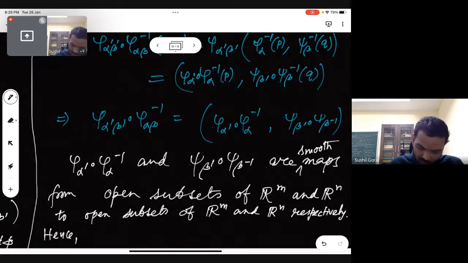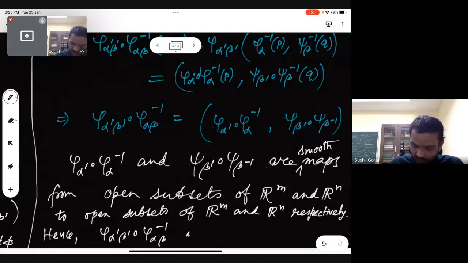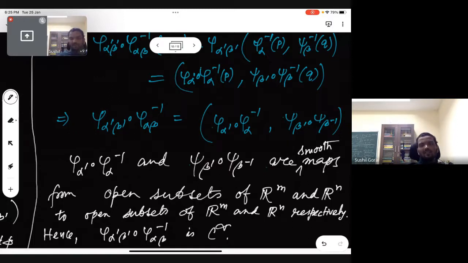Hence, psi alpha prime beta prime compose psi alpha beta inverse is C infinity. Each component is smooth, hence this is smooth. If you have a map, let's say f1 comma f2 comma ... fn, the tuple of f1, f2, ..., fn, call this capital F. You know already that capital F is C infinity if and only if each component is C infinity, right?